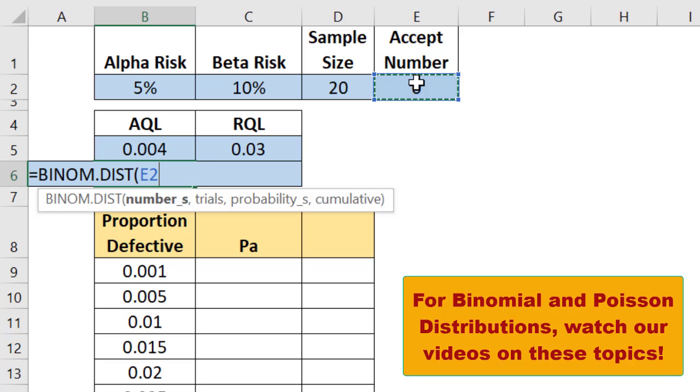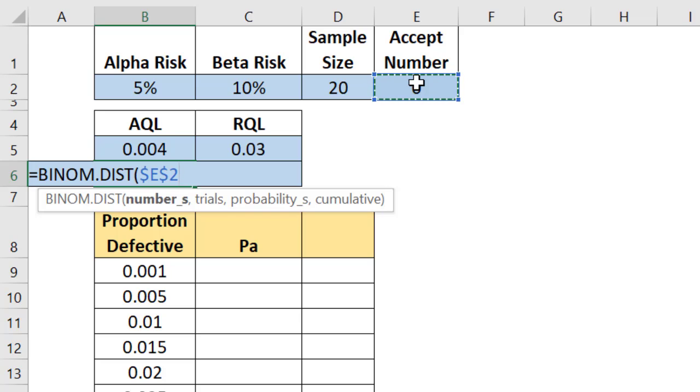I use function F4 so that it is used in absolute terms. It's not a relative copying, it is an absolute copy. So that cell only will be chosen. Comma. The number of trials is the sample size. Again we use F4, comma.